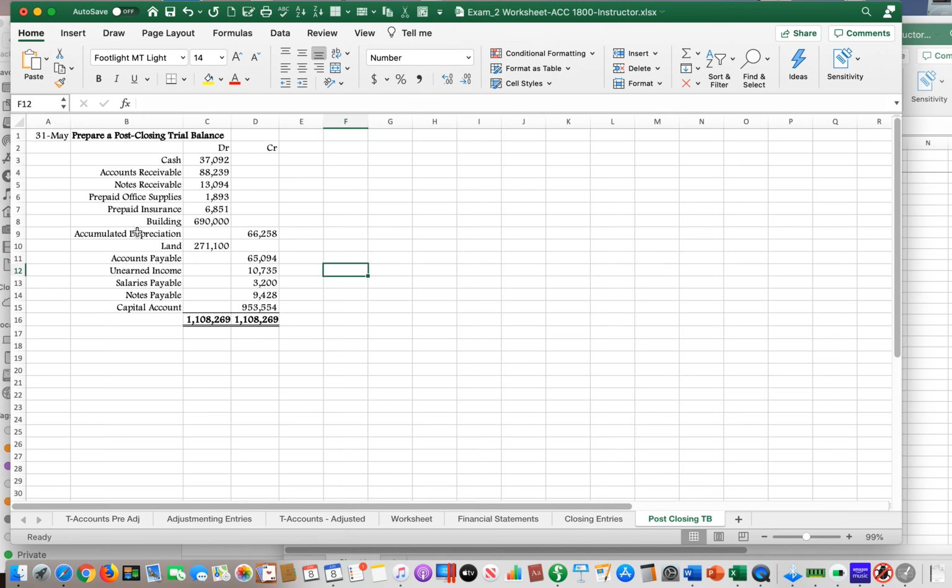And don't forget, accumulated depreciation is a credit, and you do not subtract it here. No, you add that $66,000 to the rest of these credits here. Accumulated depreciation is a credit, just like these are all credits, and you add up all your credits. Look at this. This is a post-closing trial balance. And they match. Debits equal credits. I want to see that.